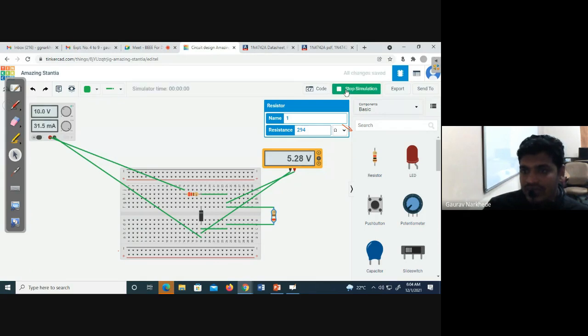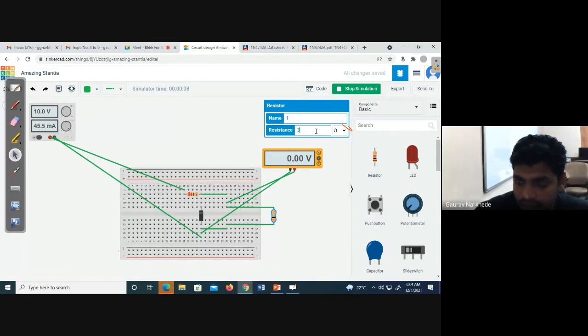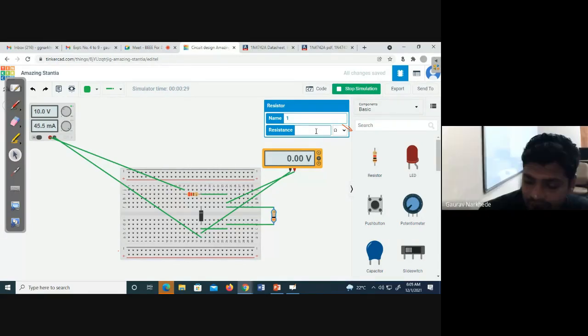So let us start simulation. Great. So I'm getting 5 volts. Yes, sir. अभी देखिए लाइव में इसका मैं 300 करूंगा, 5 वोल्ट्स आ रहा है, गुड। इसका अगर मैं 400 भी करता हूँ तो आउटपुट आएगा। लेकिन इसका अगर 200 करूंगा तो 5 वोल्ट्स नहीं आ रहा है। तो मिनिमम रेजिस्टेंस कितना चाहिए आपका? 294. 294 पर परफेक्ट रीडिंग आनी चाहिए। गेटिंग 5.28, इट्स ओके, नॉट एन इशू। समझ में आ रहा है?